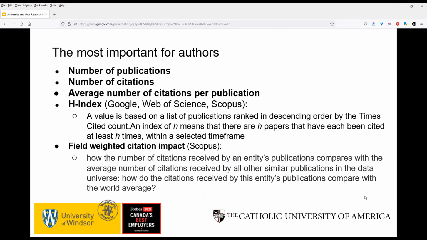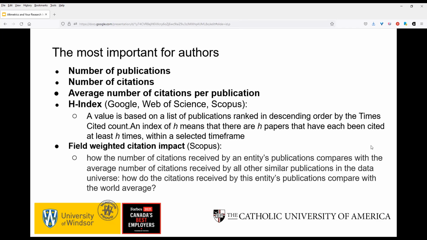And your publication set is the number of publications that are ascribed to a particular author over a period of time. Within that publication set, you're going to have an aggregated number of citations within secondary literature that reference those publications.